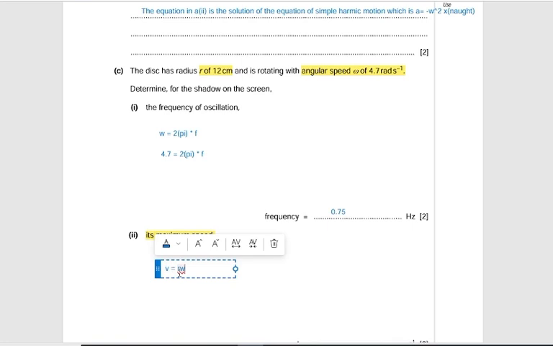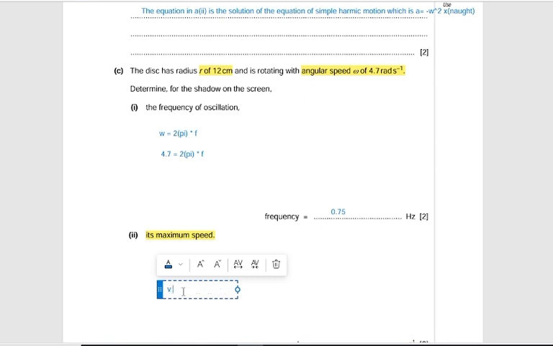Now some may argue, why can't we use v is equal to omega x naught? That is because x naught cos omega t hasn't been given to us, so we have to use this because it's performing circular motion, so we need to use v is equal to r omega. Simply when you plug in the values, you have the radius as 12.